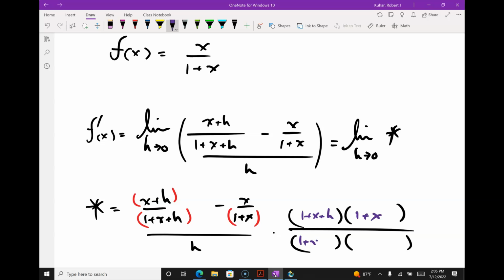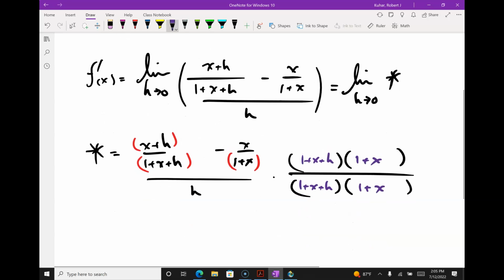Beautiful. And I want that over itself. Everybody comfortable with that? I look at my two interior denominators and I multiply them together to get the LCD. Sometimes it turns out to be a common denominator instead of a least common denominator.